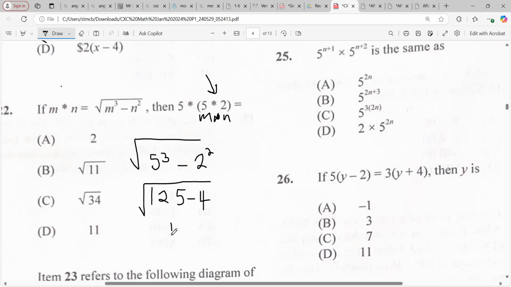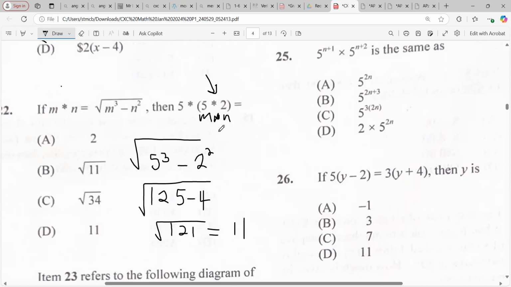That works out to 121. Which number multiplied by itself gives us 121? It's 11, right? But we're not finished. So this becomes 5 asterisk 11 now.